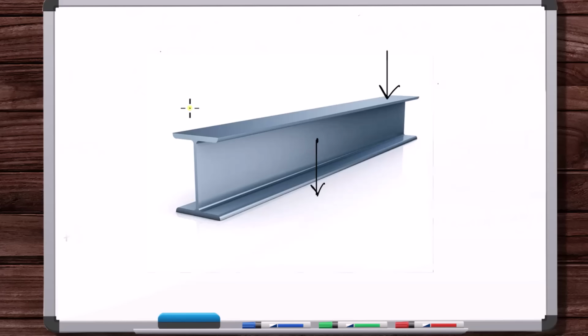So we're only going to think about translation being prevented in this direction, and rotation being prevented about this axis. Everything else, we could put those other reaction forces, but they're going to be zero. This is a planar problem, a planar free body diagram.